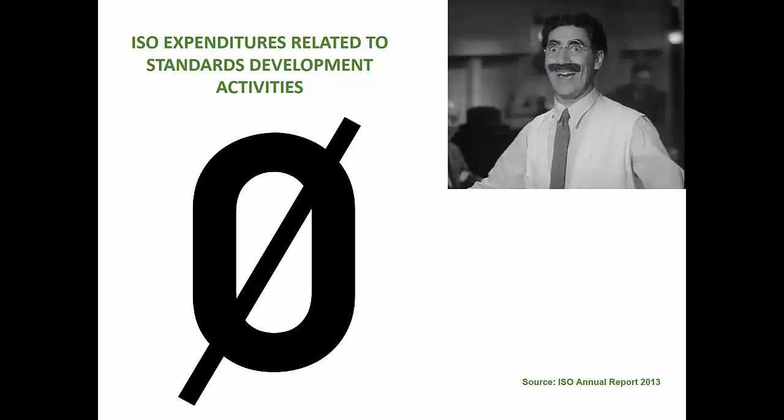Instead, its expenditures are related to salary and operating expenses, such as paying for the big building in Geneva. Nothing goes back to standards development. All of the costs related to standards development are incurred by the members themselves who, again, volunteer their intellectual property, give it to ISO, ISO publishes it and keeps all that money, and then charges them a fee for that arrangement.